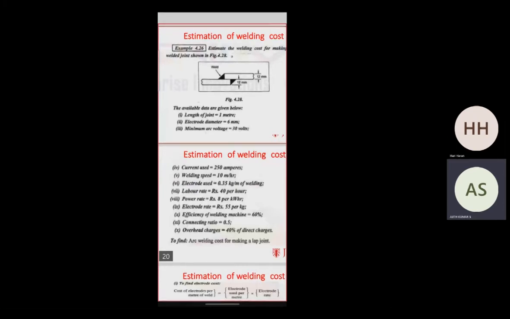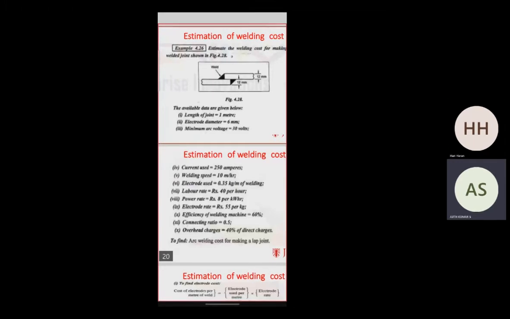We want to shield the welding joint in the production of a weld, because the atmospheric air will react with the weld joint and it will rust. So for that protection we use the electrodes. Electrodes consist of a flux material. Flux material will deposit on the surface of the weld joint, so it can protect the weld joint. So first we want to find the electrode cost.